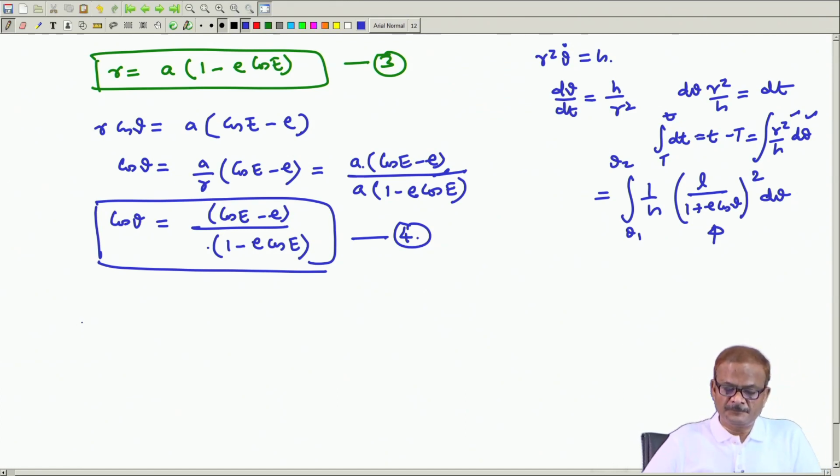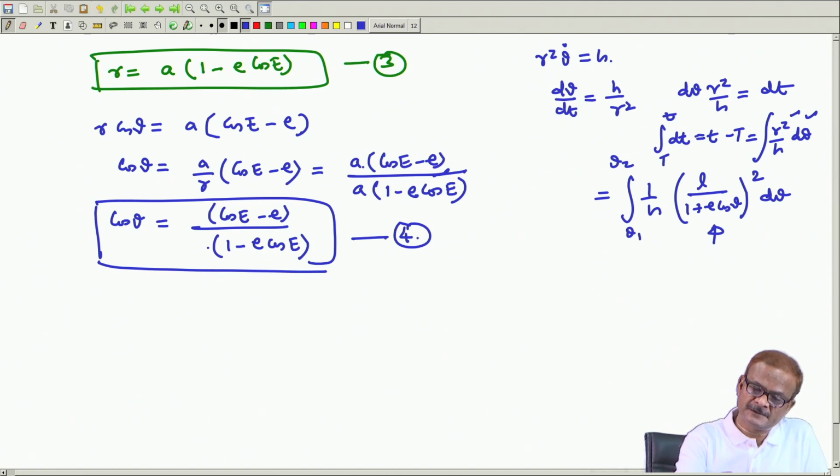But still we have a form with which it is difficult to work. We have to eliminate the r, if we replace in terms of this, and for cos theta we also require d theta, and we require it in a proper format. So for that we need to work a little bit more.